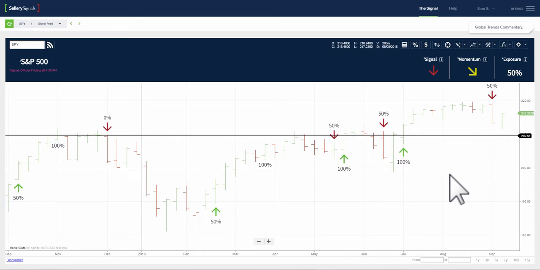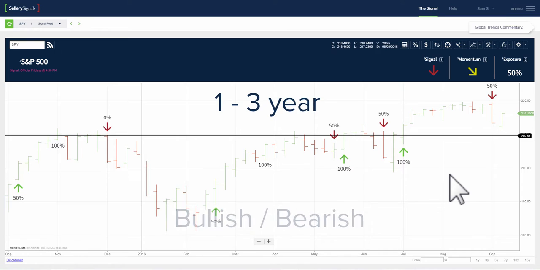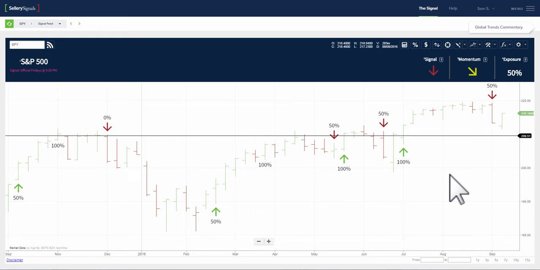And it is built to judge the general 1 to 3 year bullish or bearish trend of a security, and therefore provide a dynamically changing risk-adjusted metric, if you will, as to what level of exposure you should take on that security relative to your allocation that you've designated.